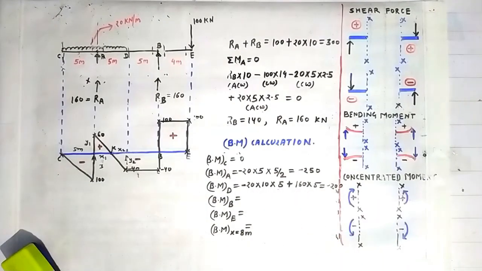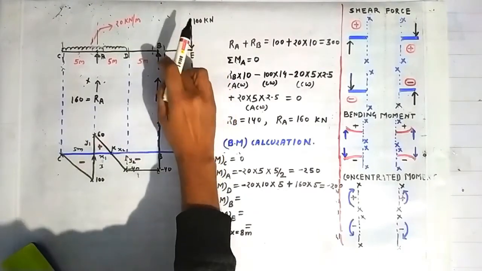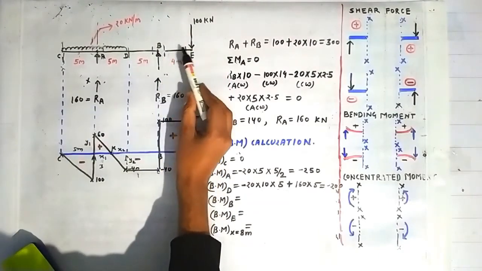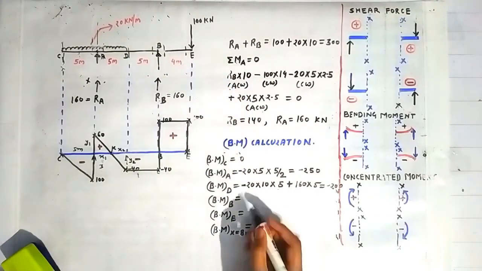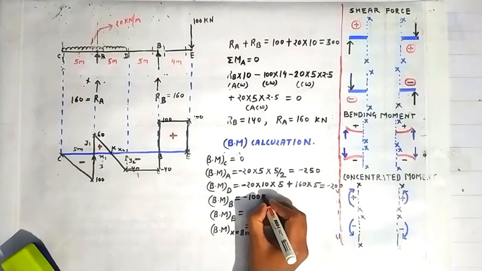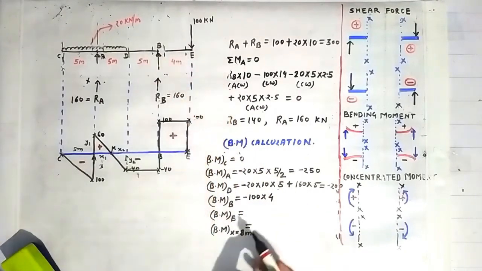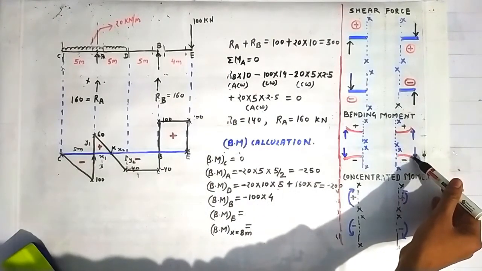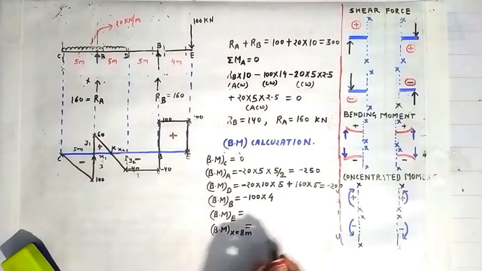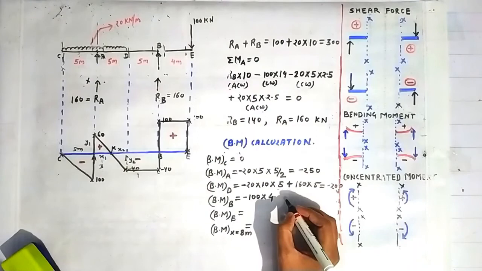Now the bending moment at the point B we will calculate. Sorry, you don't need to construct a section. Directly look on the right side of the point B. This force is causing a bending moment which is hogging in nature, of the magnitude minus 100 into the distance 4 between the point E and B. Using this sign convention you can see that this force is creating hogging, so how much bending moment will it give us?